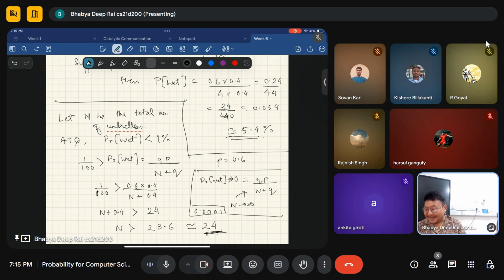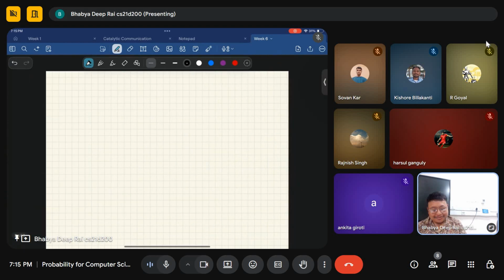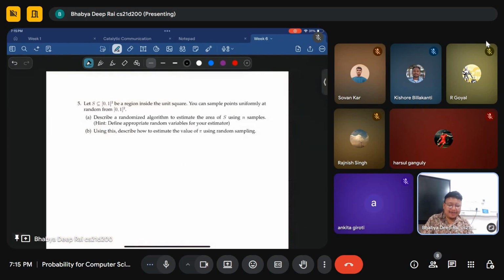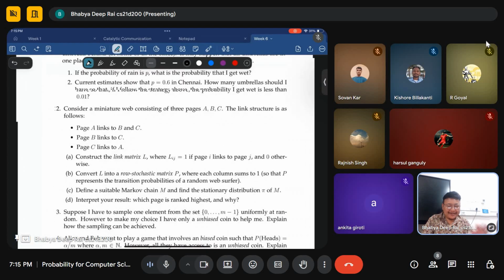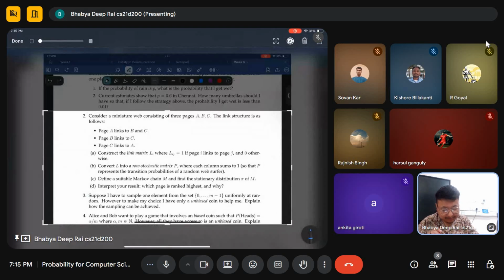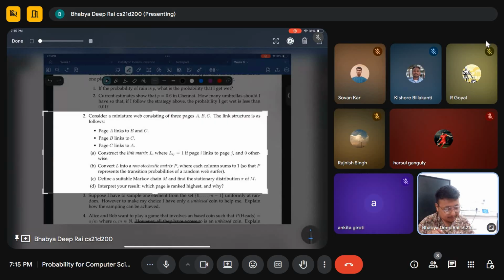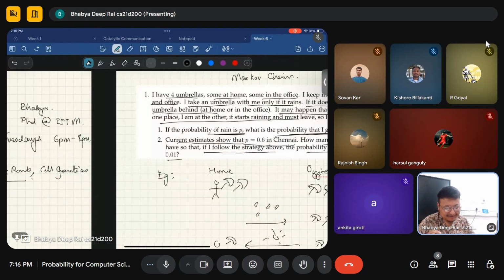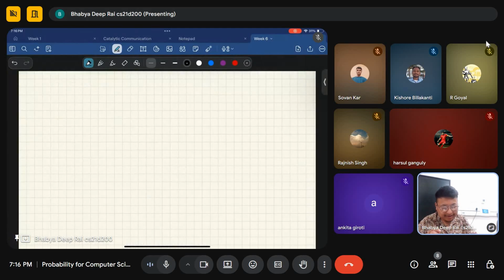Okay, that took a lot of time. So the other question was about page ranking, but the fact that we did this makes page ranking very simple.